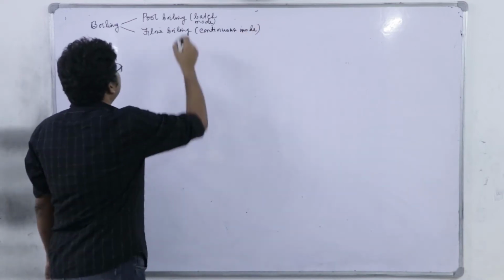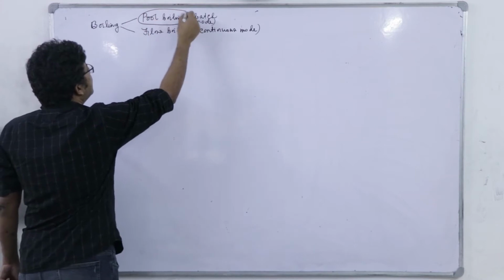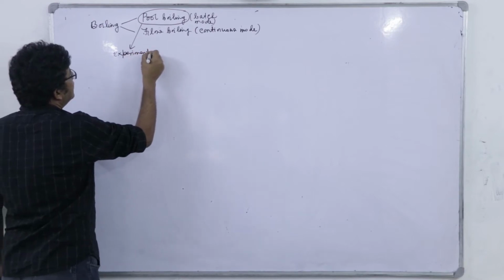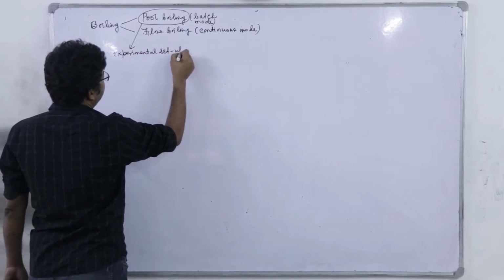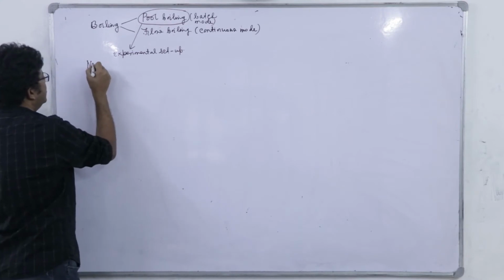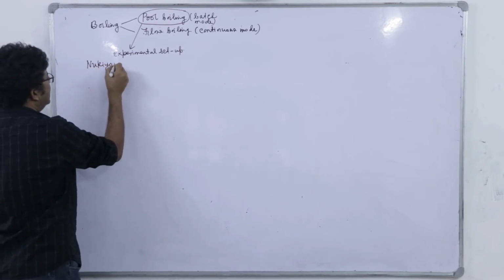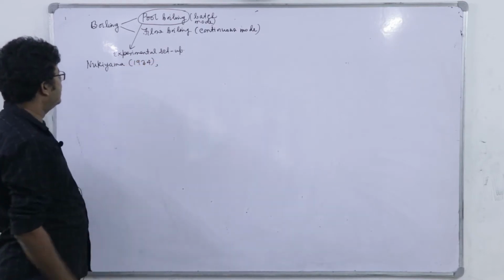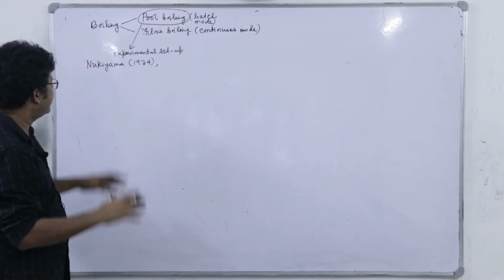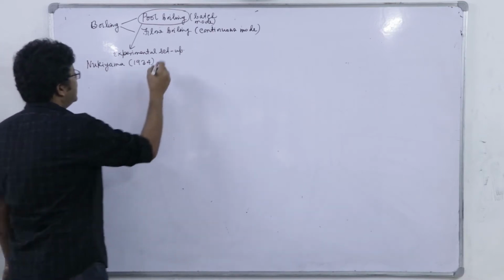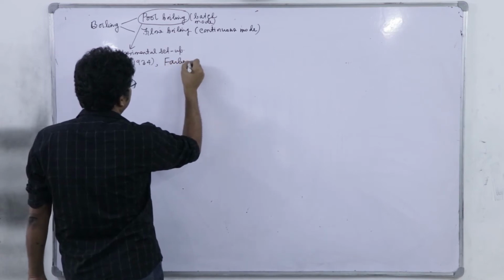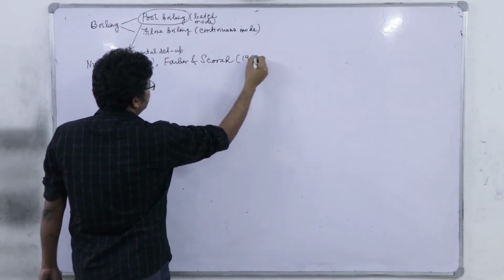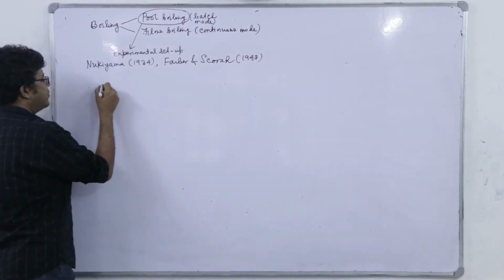So, in pool boiling, the experimental setup is due to Nukiyama, who performed this experiment with a pool boiling setup, and another one is Farber and Scorah in 1948. So, what is the experimental setup?